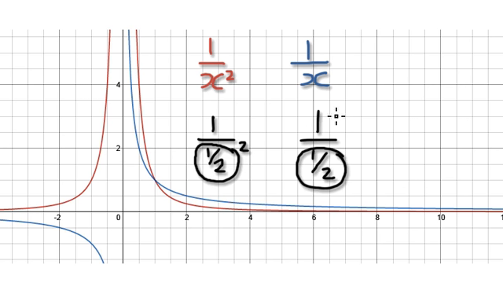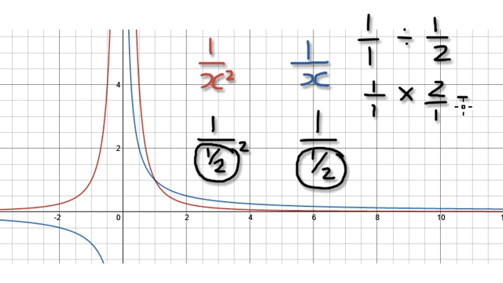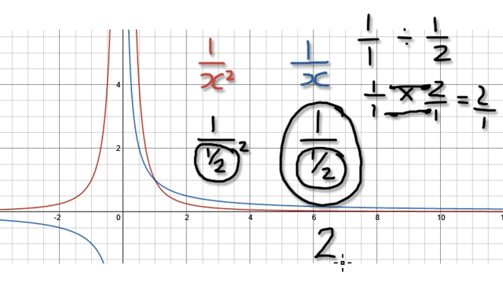When you've got a fraction within a fraction, try to visualize it as 1 divided by a half. Now turn this into a fraction. Whenever you divide a fraction, you always times the reciprocal. So this becomes 2, because top times top, bottom times bottom. So it's really 2 over 1. So this whole thing here is actually 2.